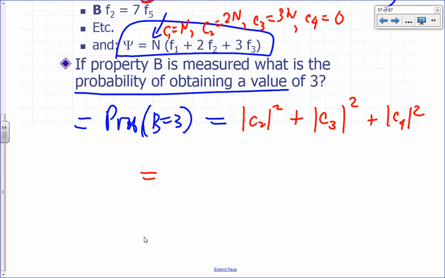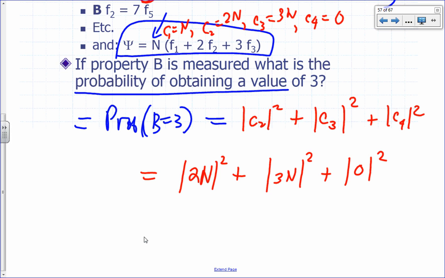So the probability that a measurement of property B will give us a value of 3 is going to be equal to c2 squared, which is (2n) squared, plus c3 squared, which is (3n) squared, plus c4 squared, which is 0 squared. And so what would that be? That's 4 plus 9 times the absolute value of n squared, right?